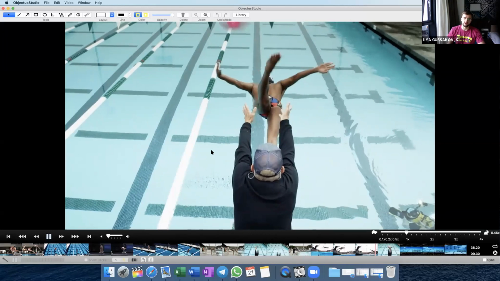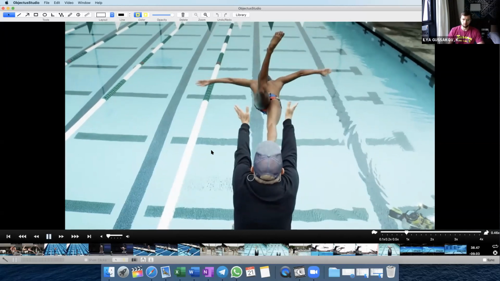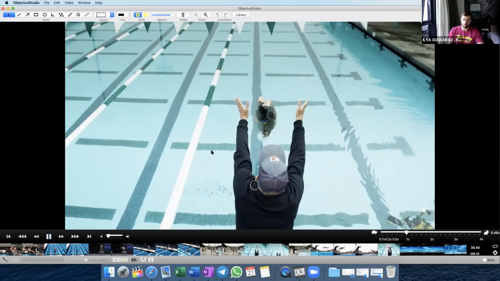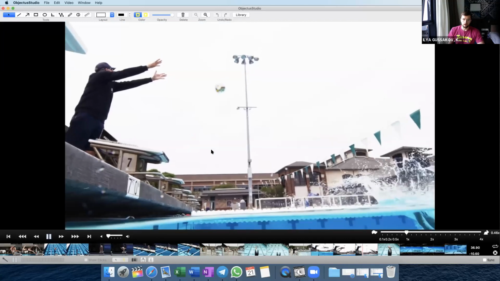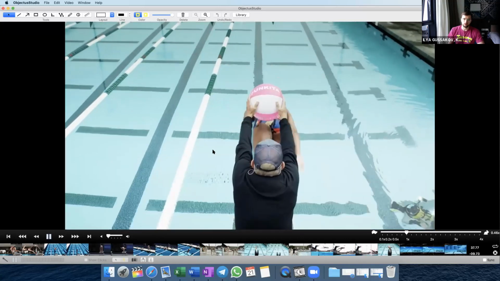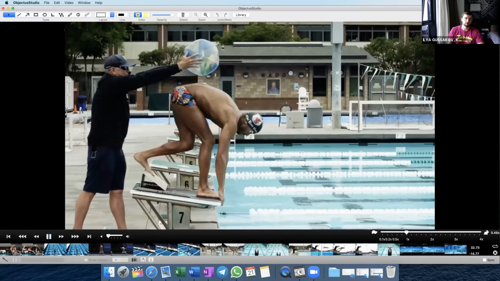This is like a leg kick start, they call it. There is no special name for this start, but many swimmers are trying to do it. You can also use some weight belts. If you have fitness weight belts, put them around the ankle right here and ask them to throw higher with the weight belts.